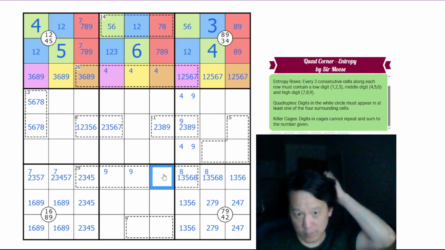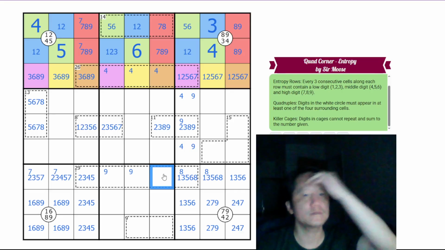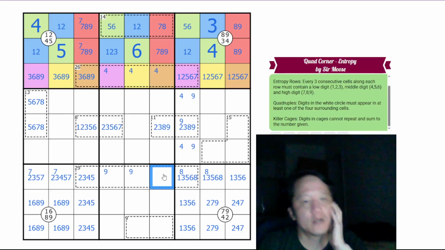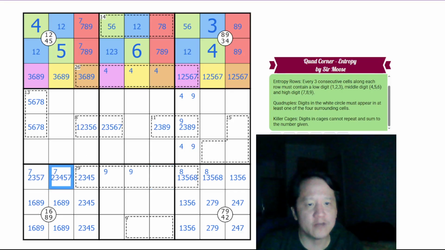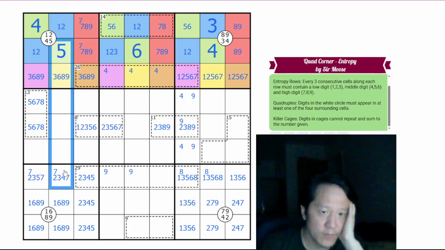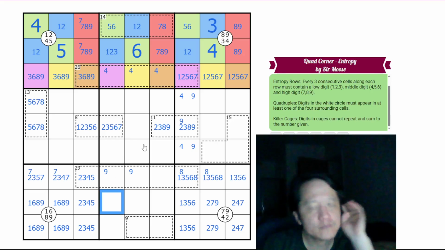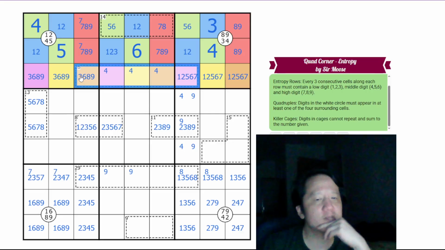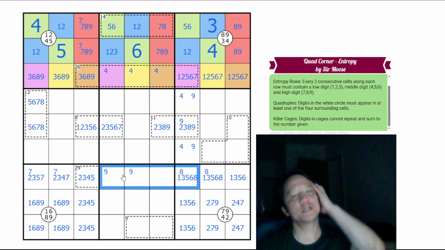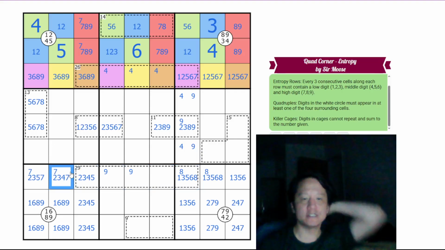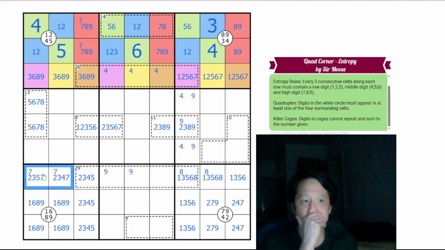Okay. How else? 5 eliminates 5 in the rest of the column. So to add up 29, we are guaranteed 7 cannot be part of it.